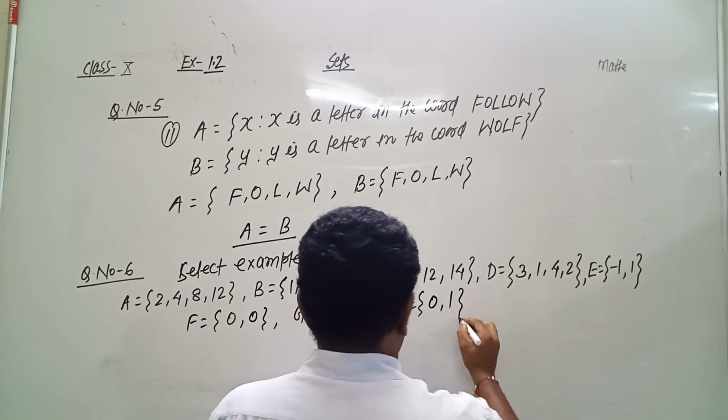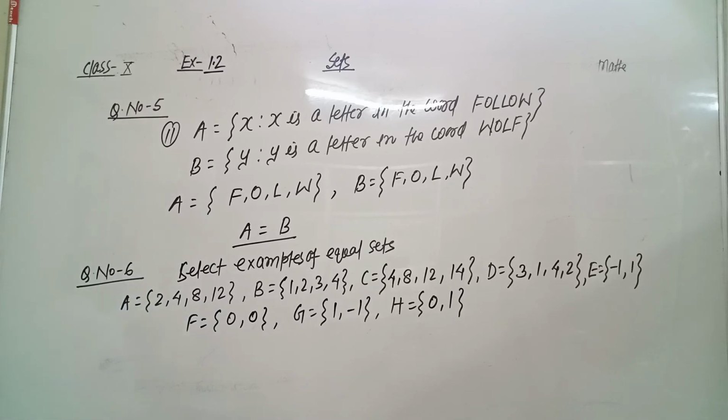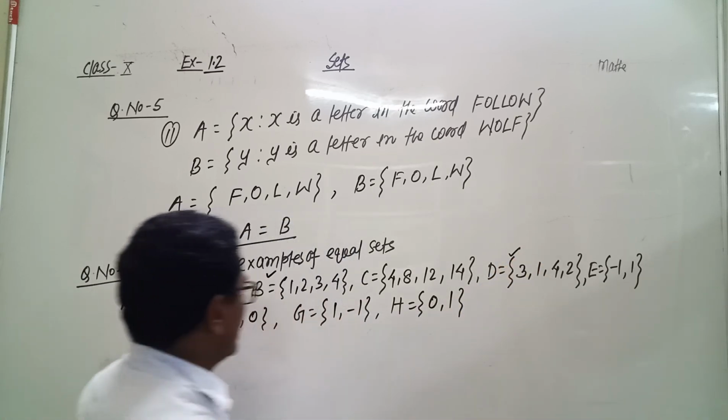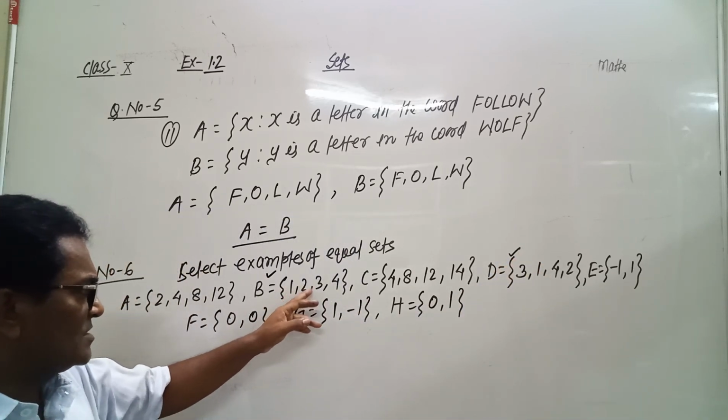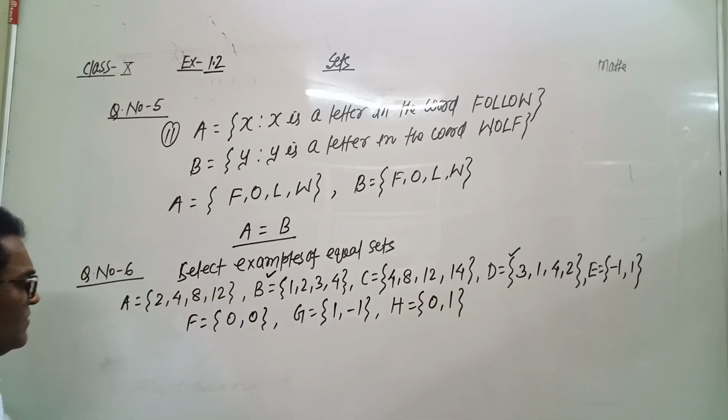So which of the following are the equal sets? We have to select the examples of equal sets. Set B and set D are equal sets because B has elements 1, 2, 3, 4 and D also has elements 1, 2, 3, 4.